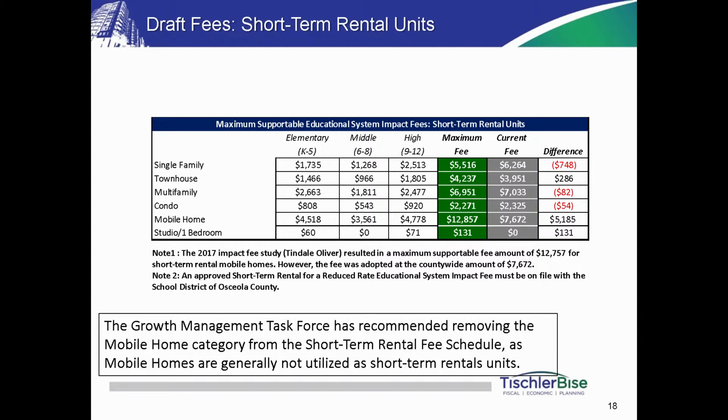So I needed to ask Frank if it's going to create an application like we do for the villas and the short-term rentals and the HOPA, where somebody comes in and asks for it. Where I get a little concerned is, when we spoke to the developers, nobody was gonna build a whole complex of one bedrooms or studios.